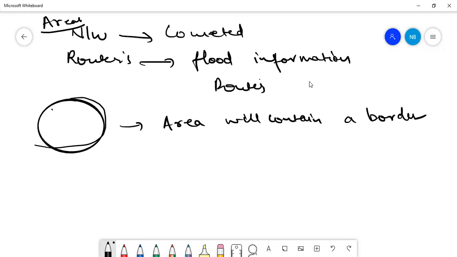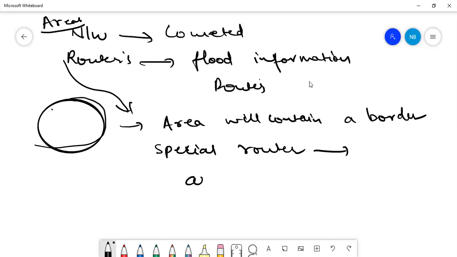At the border of an area, a special router will be allotted. Coming to this topic, an area will contain a border, and a special router will be assigned for this border. So that is called an area border router.